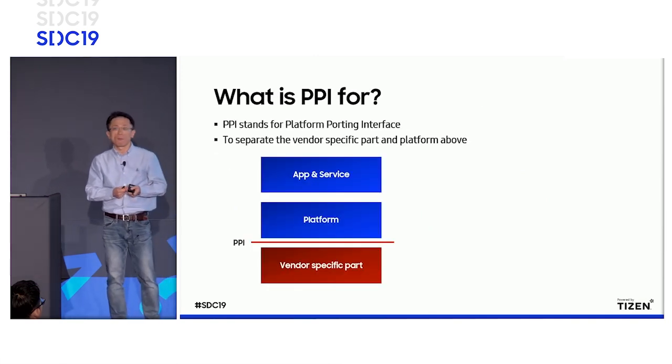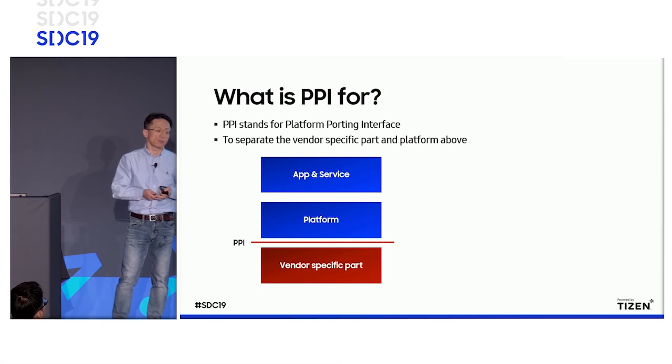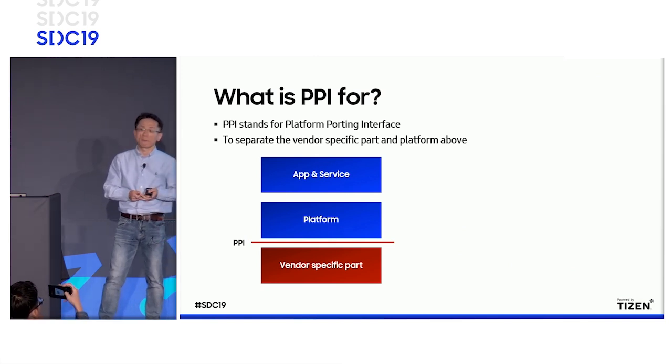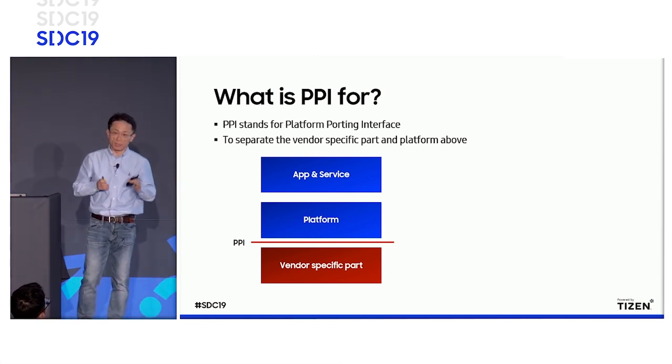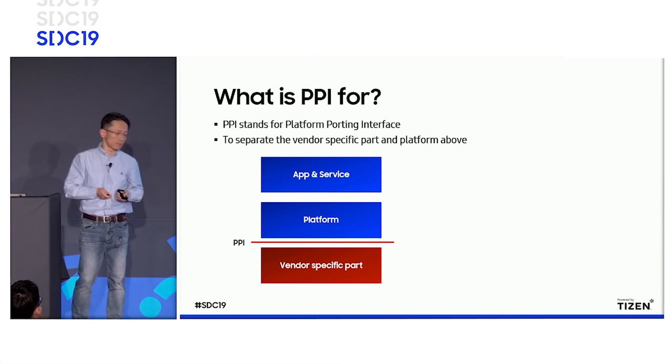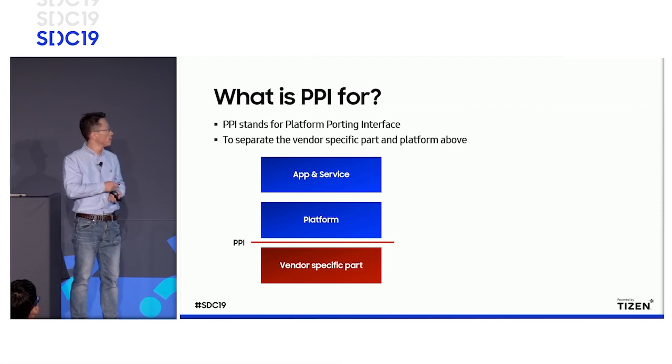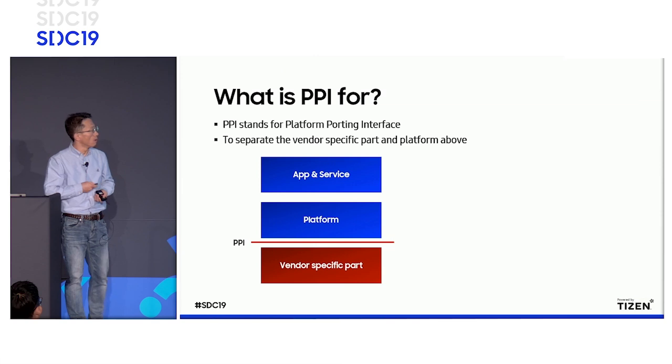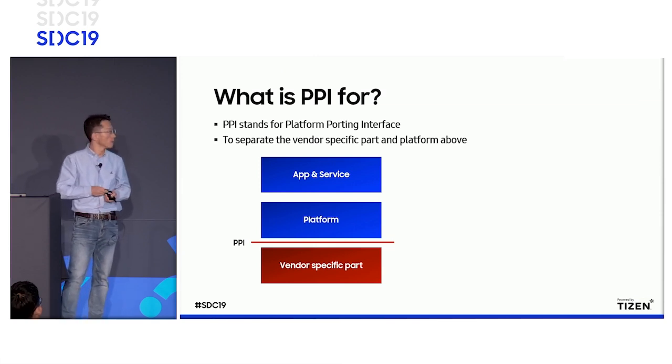What is PPI for? That stands for the platform porting interface. So the aim of that PPI is to separate the vendor-specific part and platform above here. So this will be provided by us, and vendor only need to port this part.